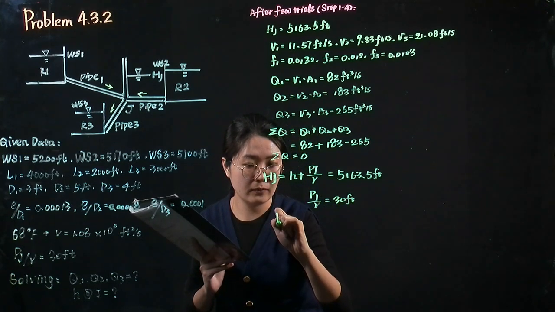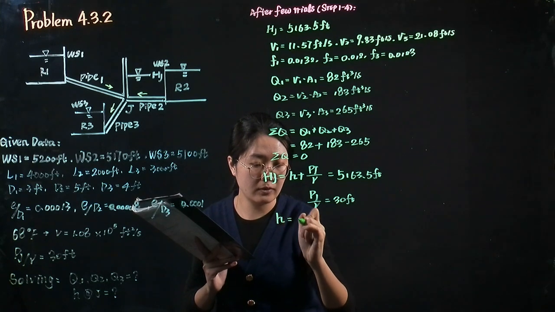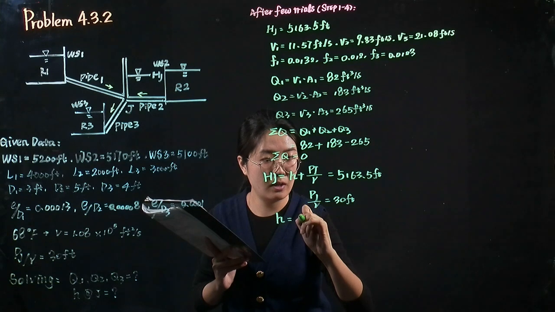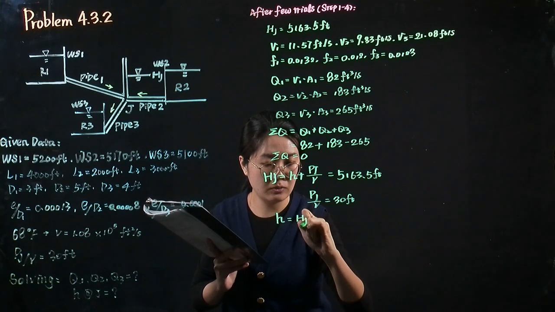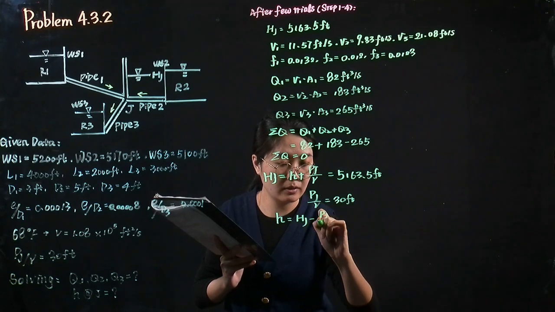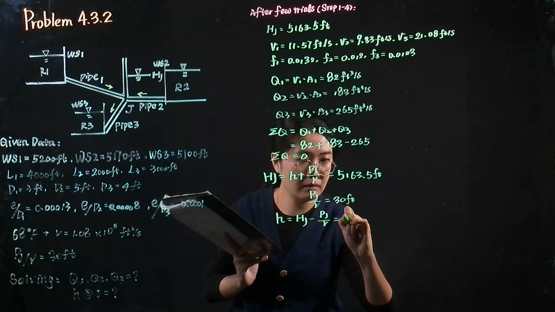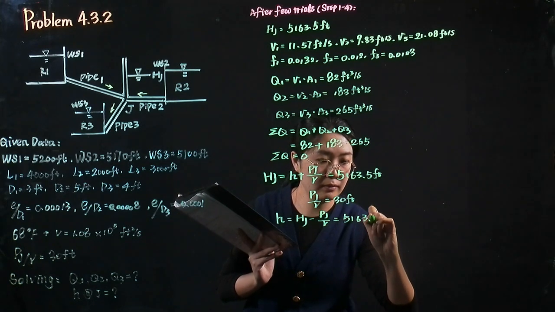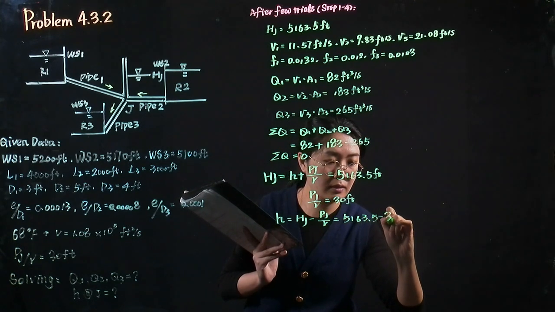Therefore, the H, the elevation at the junction J, equals to the total energy minus the pressure head, equals to 5,163.5 minus 30.